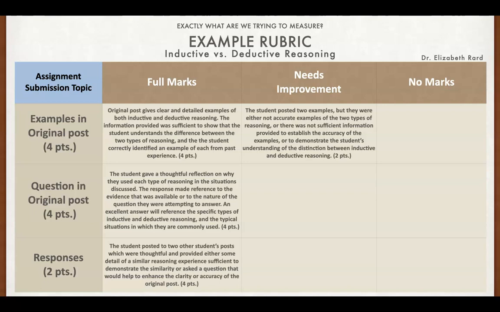Very good. Very similar to the description in the excellent category, but it's just stepped down 1 notch from each one of those.